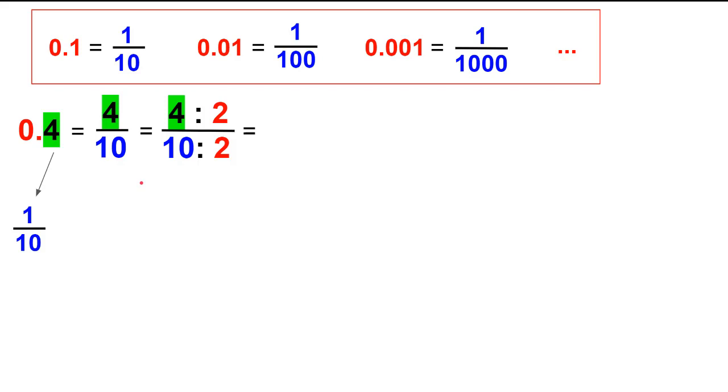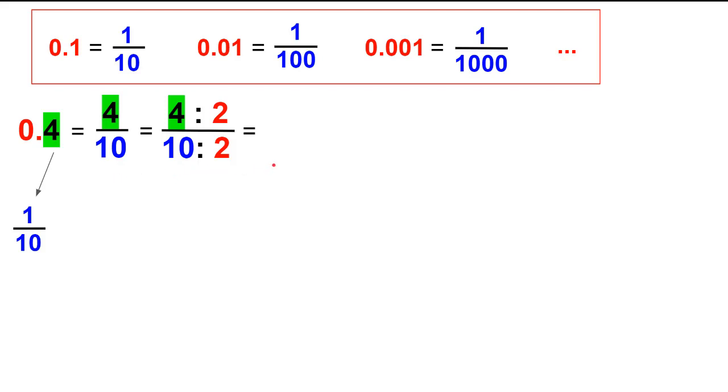And when your teachers ask you to convert a decimal to a fraction, they mean that you need to provide them with the simplified fraction. So if your teacher asks you how to convert 0.4, if you tell them 4/10, it's the right answer, but they may reduce points to you because this is not the simplified fraction.